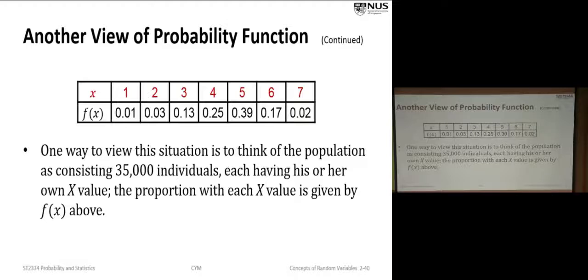But now I interpret the number of modules x as a random variable, which can take the value 1, 2, 3, 4, 5, 6, 7 with a certain probability. So the chance of getting x equal to 5 is 0.39. So now what I do is to apply my formula for expected x. So it becomes 1 times 0.01 plus 2 times 0.03 plus 3 times 0.13 and so on.